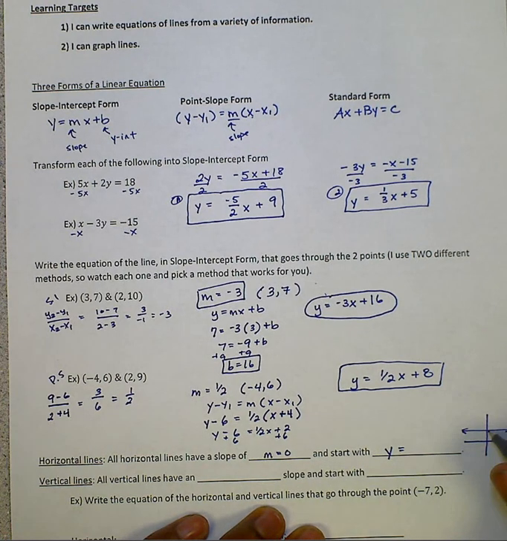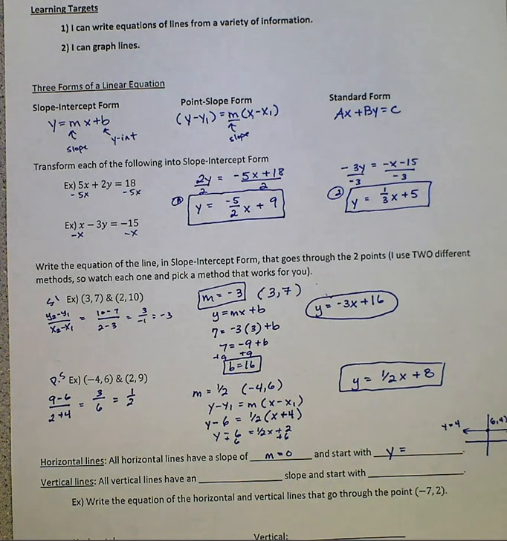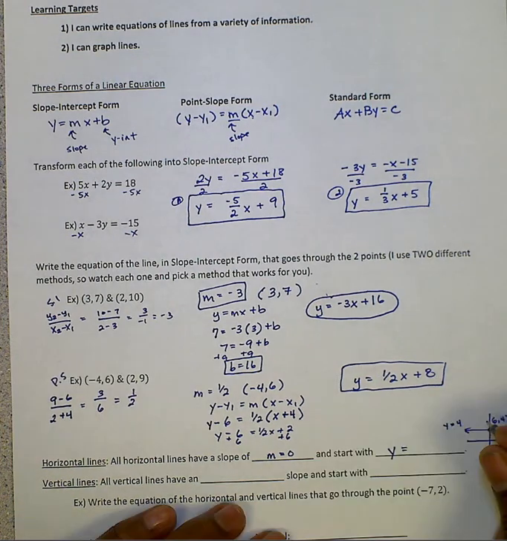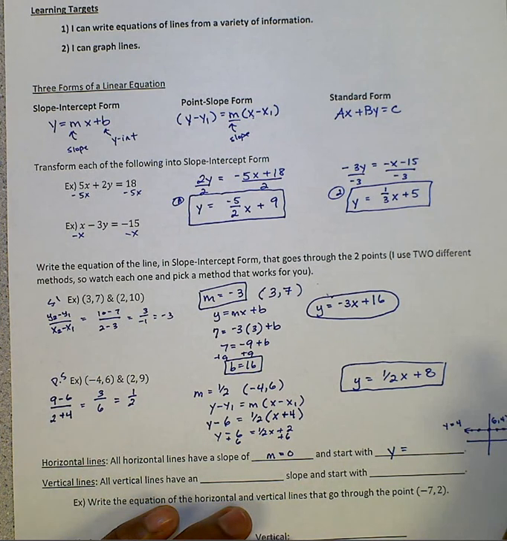Let's say that this point is 0, 4. The equation of this horizontal line would be y equals 4. And you can think of that like everywhere. If you continue to make points, you'd have -2, 4, -5, 4, 7, 4, but y would always be 4.